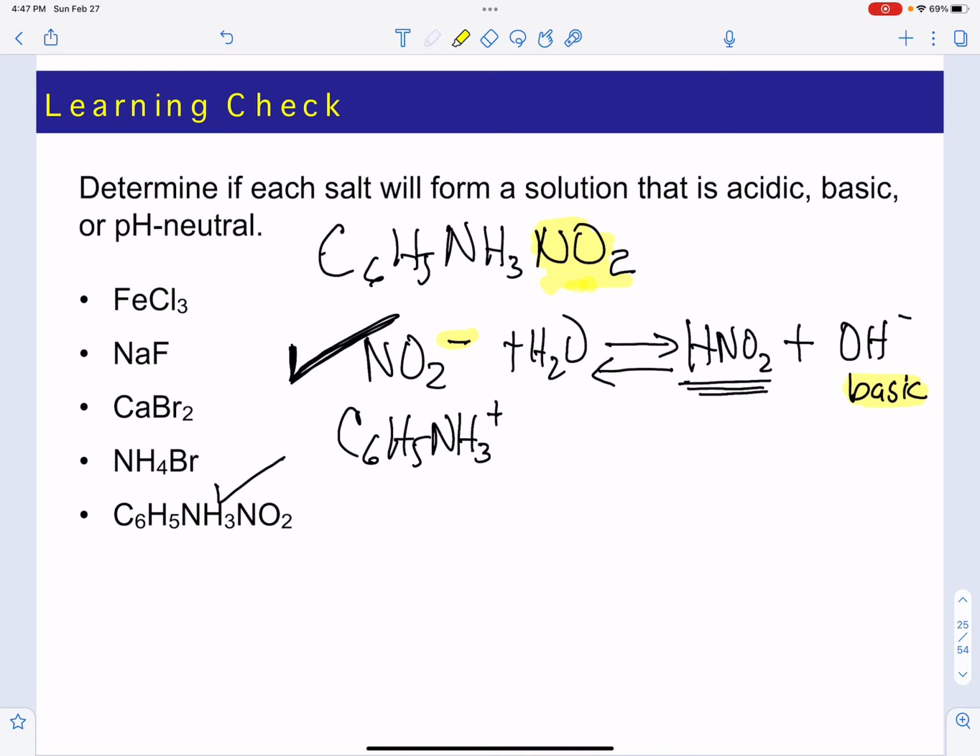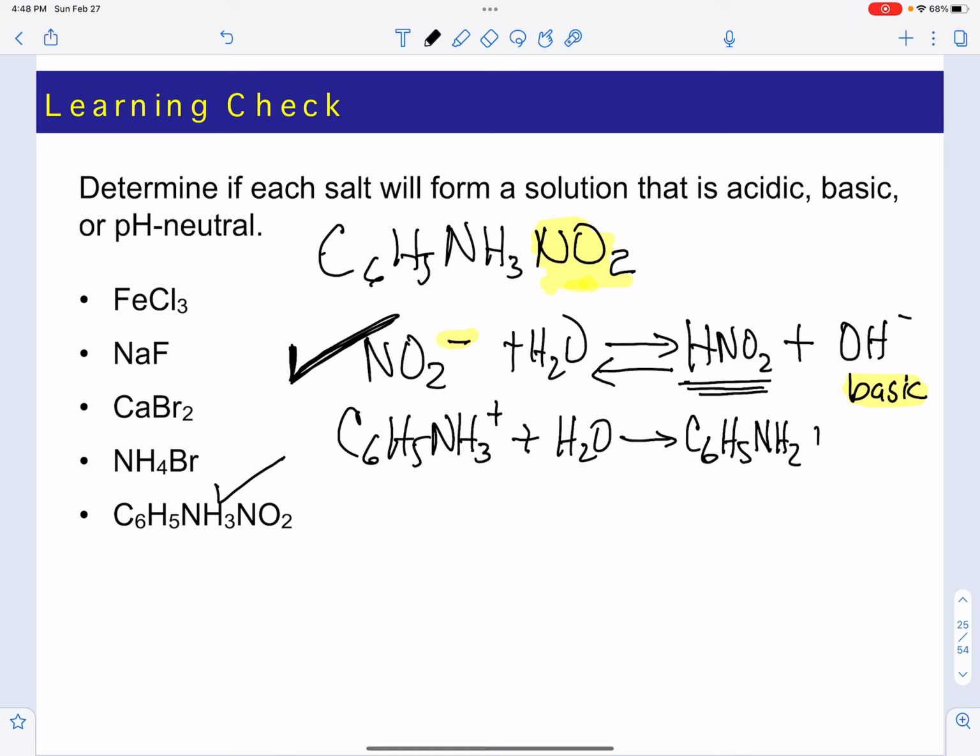What about the other part? The other part is positive. So that means it wants to lose a positive to be stable. So when you combine it with water, this is the acid because it's going to lose a proton. The conjugate base is going to be stable because it's going to be neutral now.